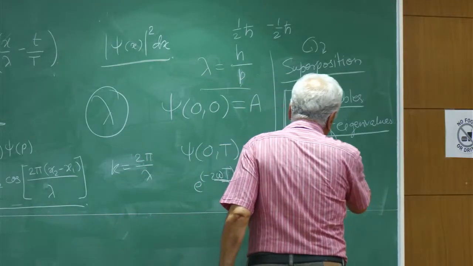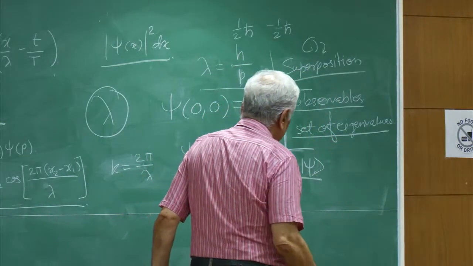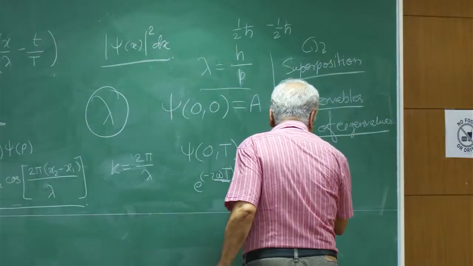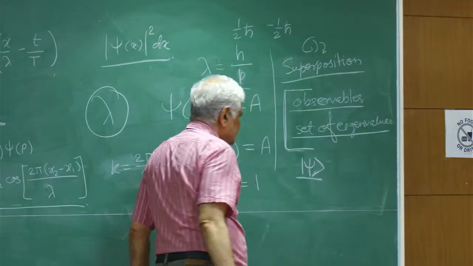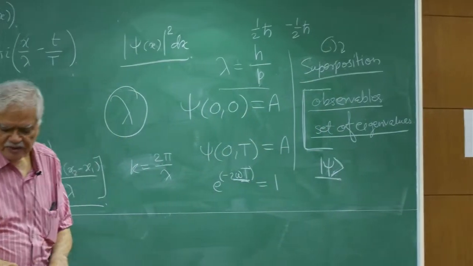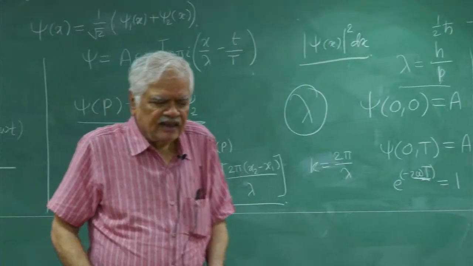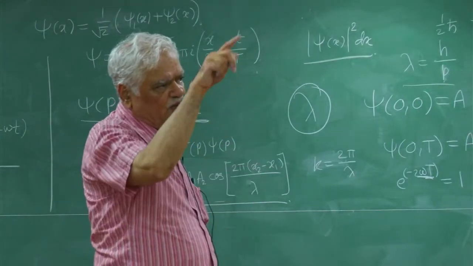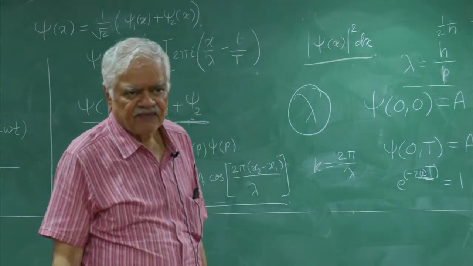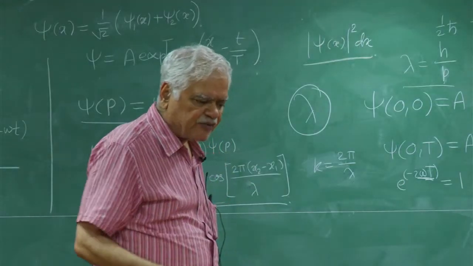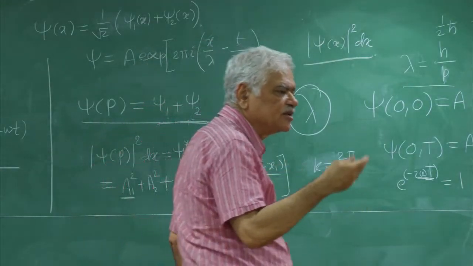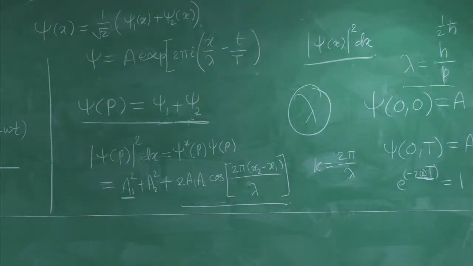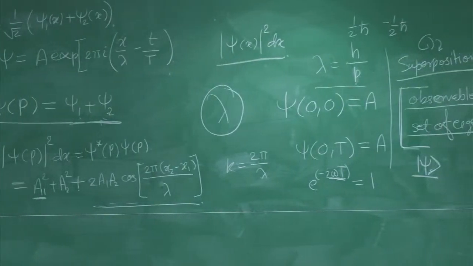So let me go over to the next thing. Let us explain this ket thing. It didn't follow directly from our experimental analysis, but we already said that if you know psi of x, then you know everything. If I want to find out the probabilities of various values of momentum, I can use that psi of x.